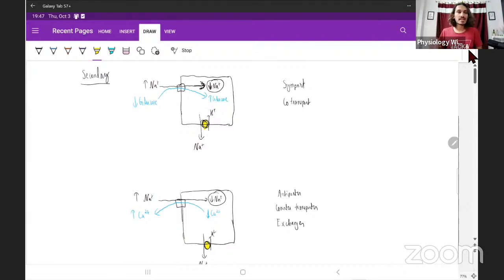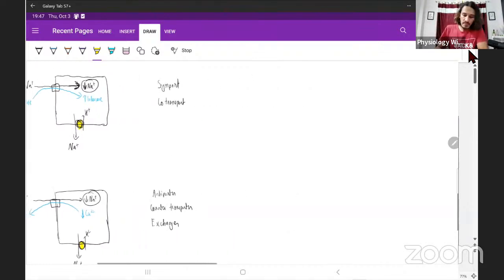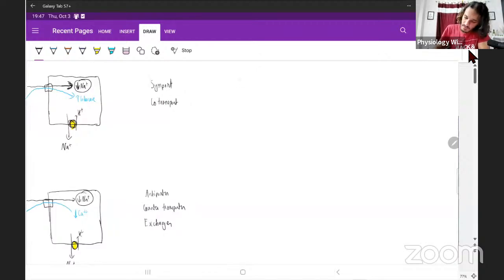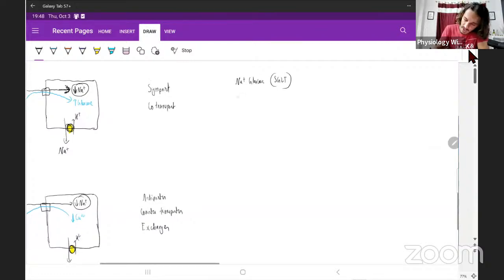Now, coming to the examples: sodium glucose, which are called SGLT transporters. Earlier we saw glucose transporters, that is GLUT, through facilitated diffusion. This is another example where it is going through a secondary active transporter. In a similar fashion, sodium with amino acid, sodium with iodide.